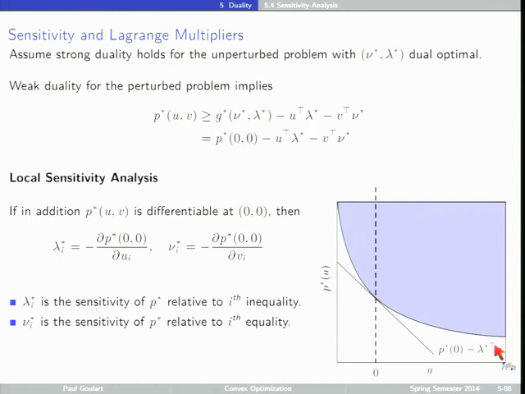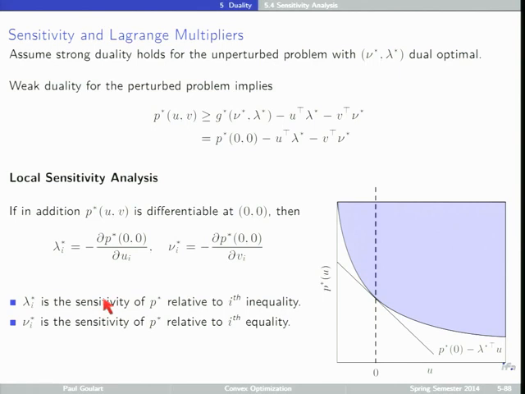And so I can think of the lambdas as the sensitivity of the cost relative to changes or tightening of the inequalities. And if I find that the lambda is 0, that means I basically don't care if you change the right-hand side of the inequality, and that's because the inequality isn't tight anyway.